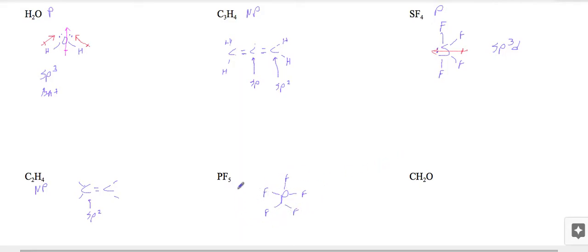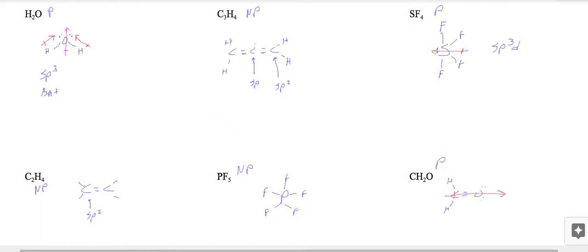Nothing else on the central atom, so this is nonpolar. Here's this guy. We definitely have a polar here. The resultant dipole moment is going to be like that.